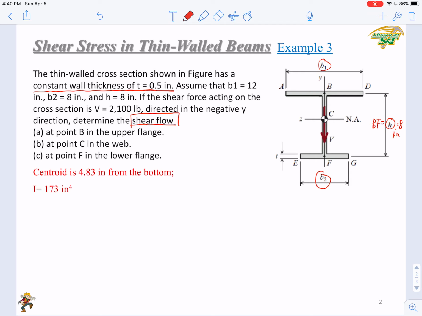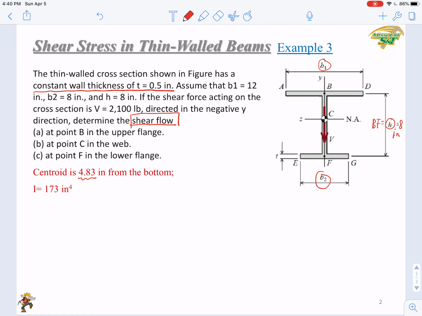Of course, the first step is determining V, which has been given, and the second step is calculating the centroid. We're finding the centroid and the I value. We already calculated that the centroid is 4.83 inch from the bottom.